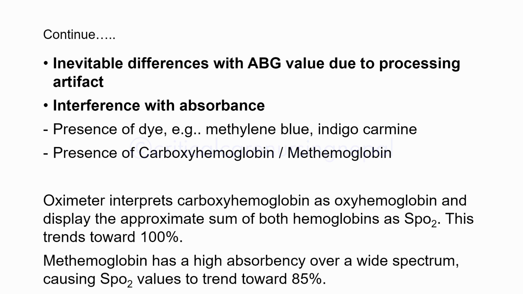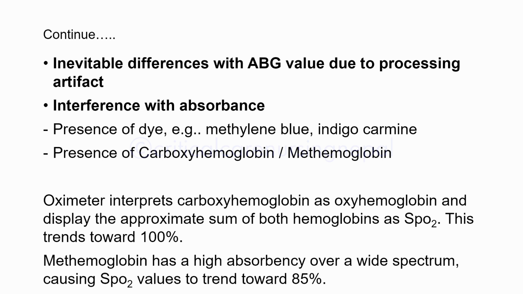It absorbs light at both 660 nanometers and 940 nanometers, causing an immediate false drop in SpO2. So during the use of this dye, do not panic if the saturation is low. Correlate with the ABG and clinical scenario.